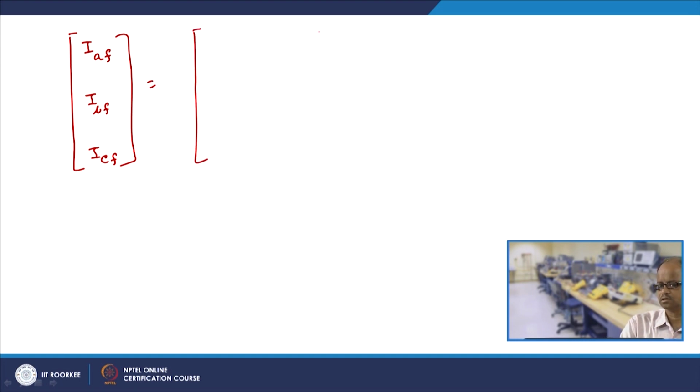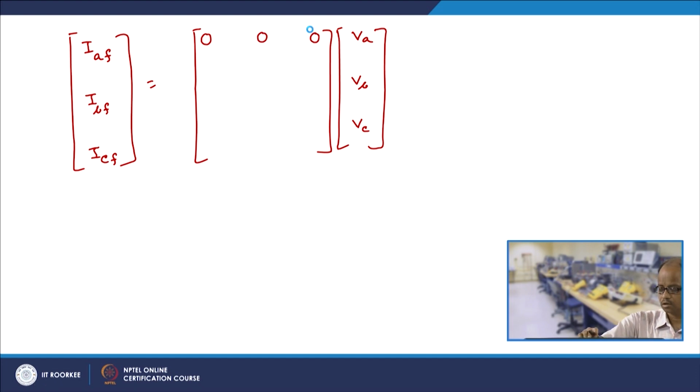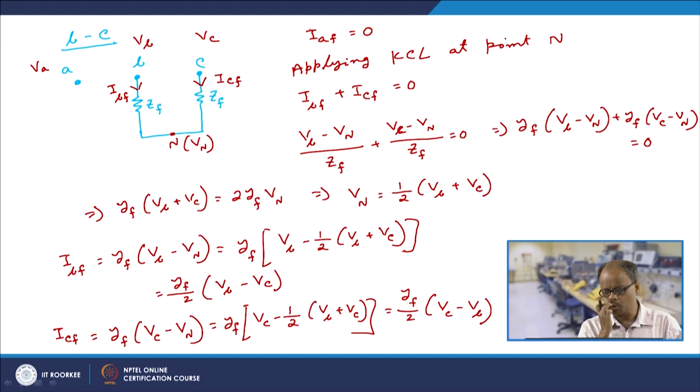If I write these equations in matrix form, because IAF is 0, the first row will be 0, 0 and 0, and IBF is YF by 2 into VB minus VC.